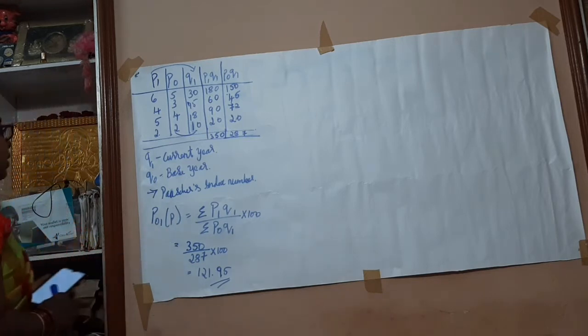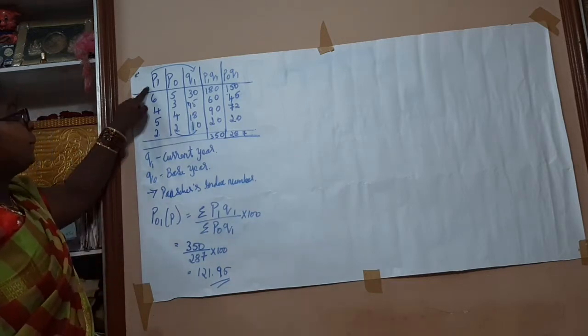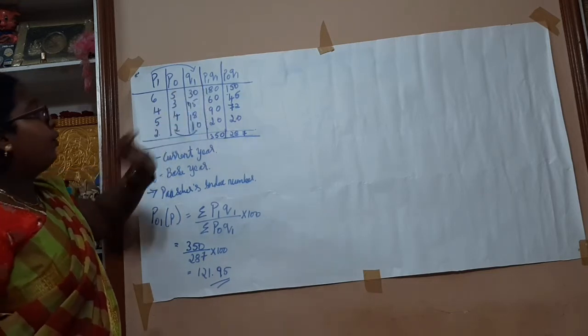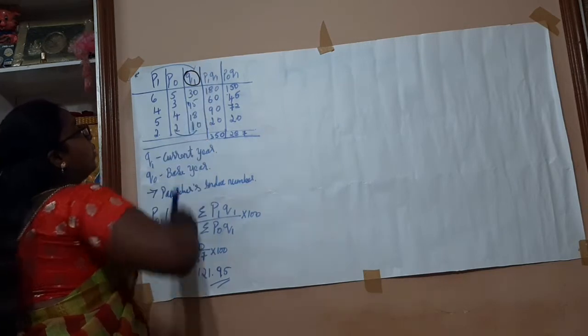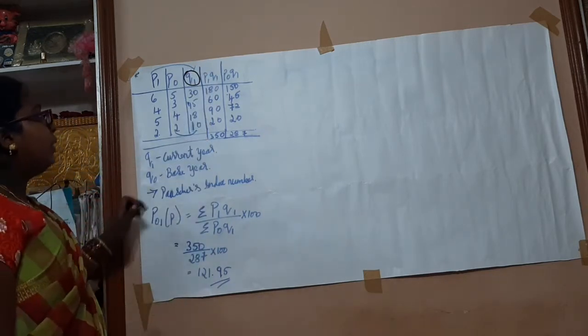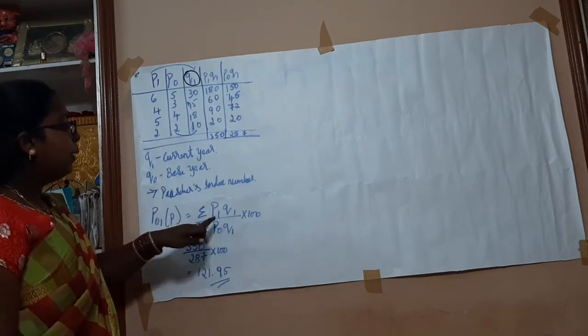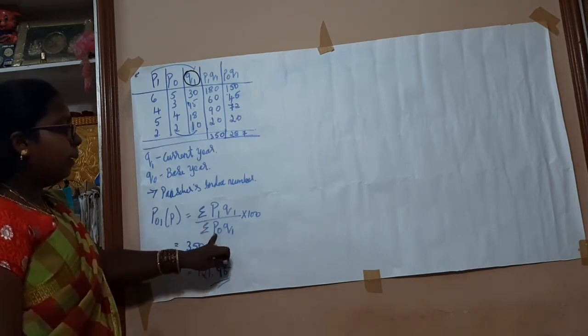So once again I will explain the problem. Your 16th problem data available for us is P1, P0, and Q1. We have to see where this Q1 will come. This Q1 will come in Paasche's index number, where we will be using sigma P1 Q1 divided by sigma P0 Q1.